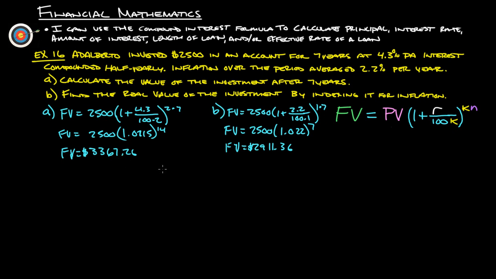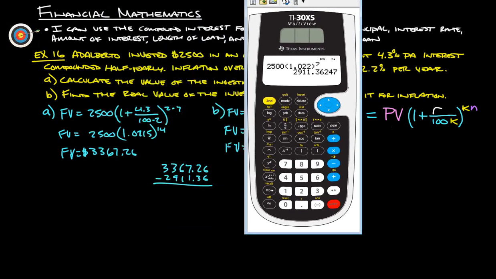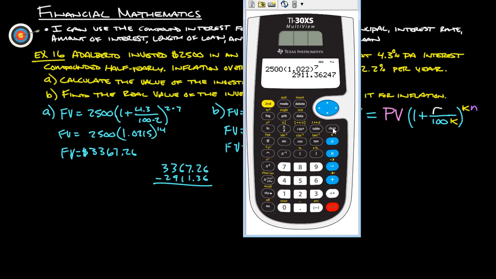So really, to find the real value of the investment, we take our 3367.26 and subtract our 2911.36, and this is going to tell us how much you actually made in the 7 years, calculating into it the inflation rate.